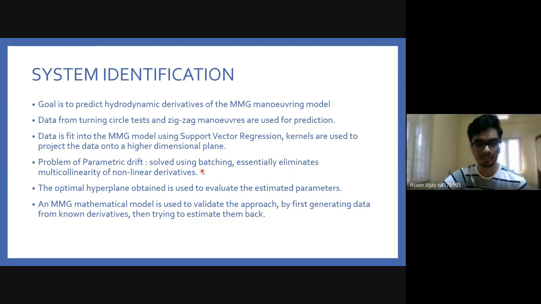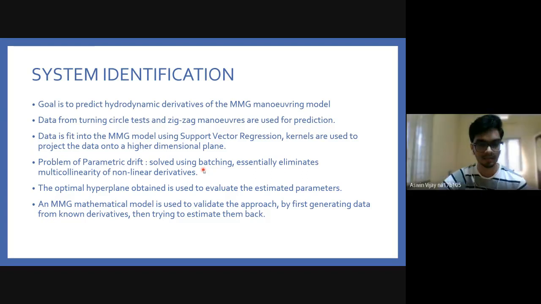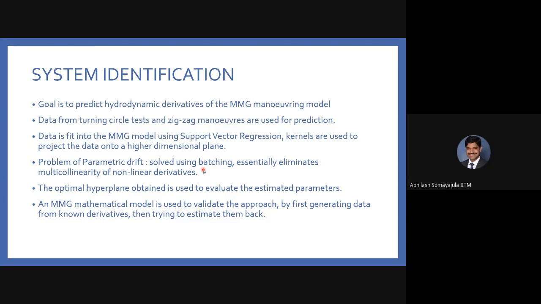What do you mean by improving the model? So for example, let us say I am using certain values of YR and YRV, for example's sake. Now, I may be able to get a trajectory out when I do a turning circle maneuver, and let's say the steady turning diameter comes out to be some value.